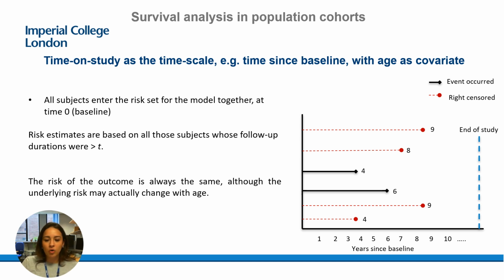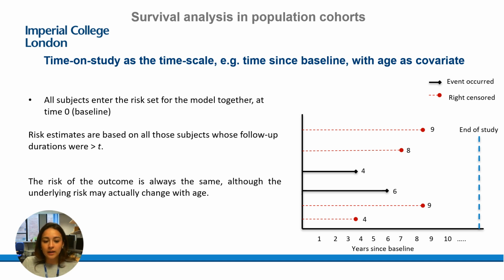However, this isn't often the best approach when using large cohort data such as the UK Biobank, where participants enter the study at different times. So just for simplicity, I'm going to use a very simple example here on the right hand side. Each line represents a participant.